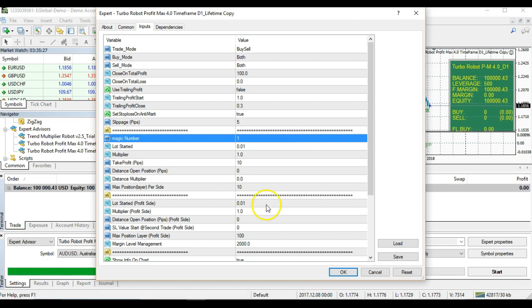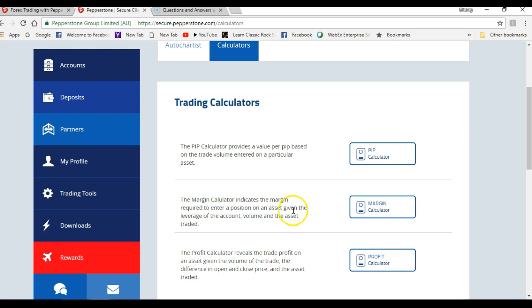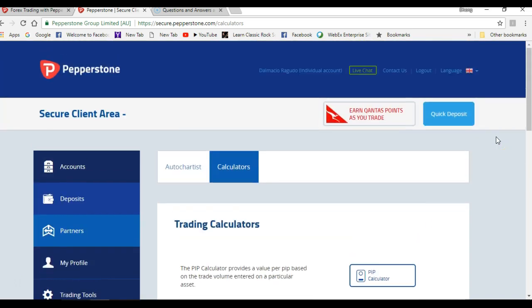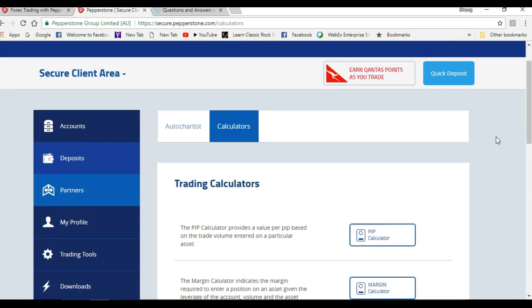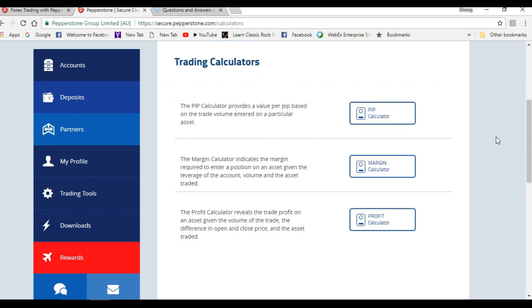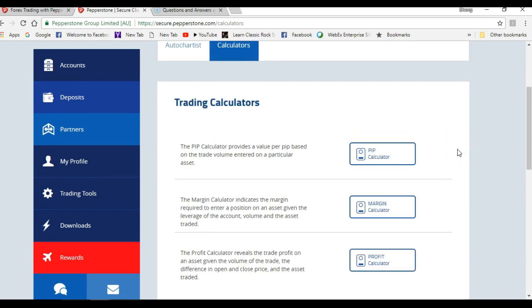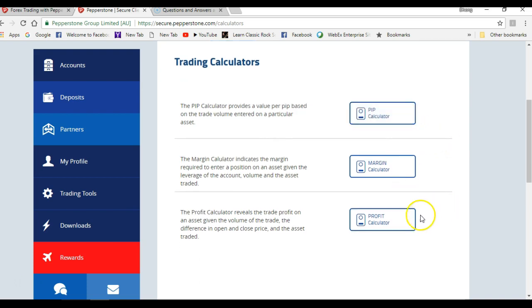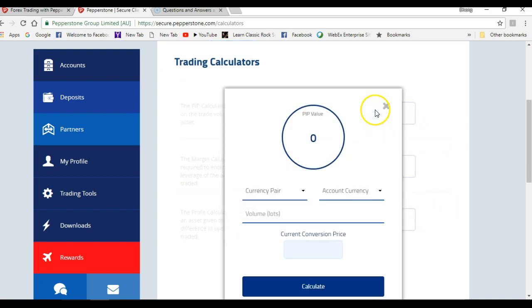By the way, if you want to know where to locate your lot size value, maybe you are not aware that your broker has it. I'm using Paperstone here, and I have another account in Paperstone as well. In every broker, they explain how much the value of their pips is. You can see the pips calculator here.